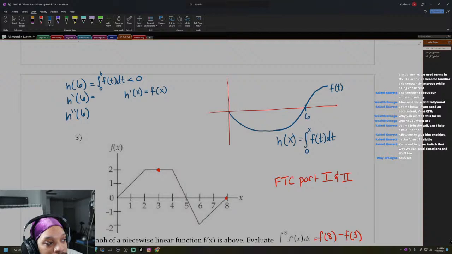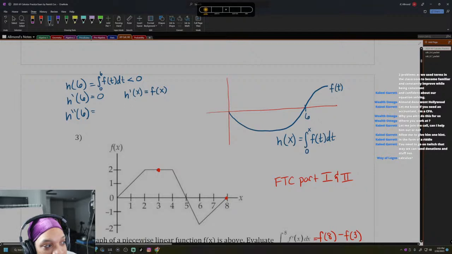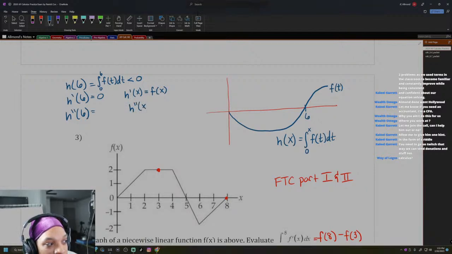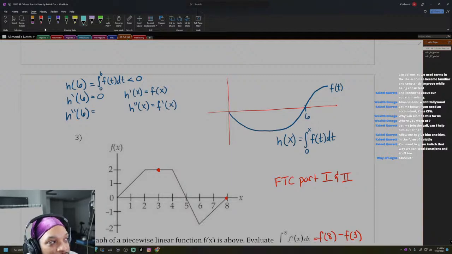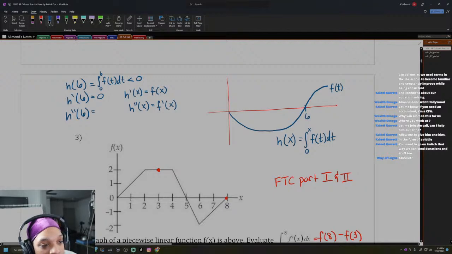Now can you see that h prime of 6 would just be f of 6? According to the graph, what is that? 0. And then h double prime: if h prime is f, then h double prime of x must be equal to f prime of x. I'm just differentiating both sides. So h double prime of 6 is f prime of 6.